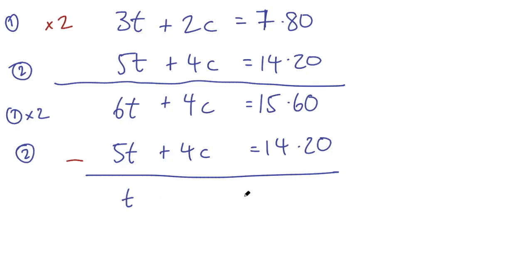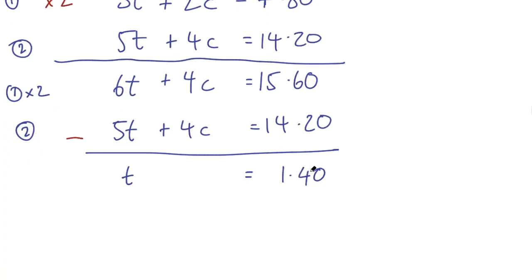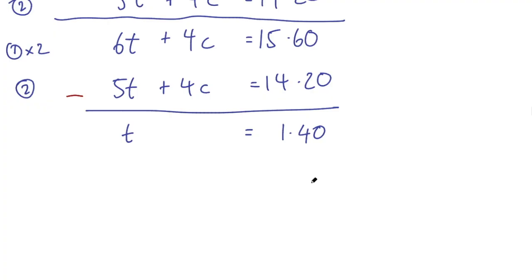So we get t equals 1560 minus 1420 is 140. And actually we now know what 1 cup of tea costs. It's 140.